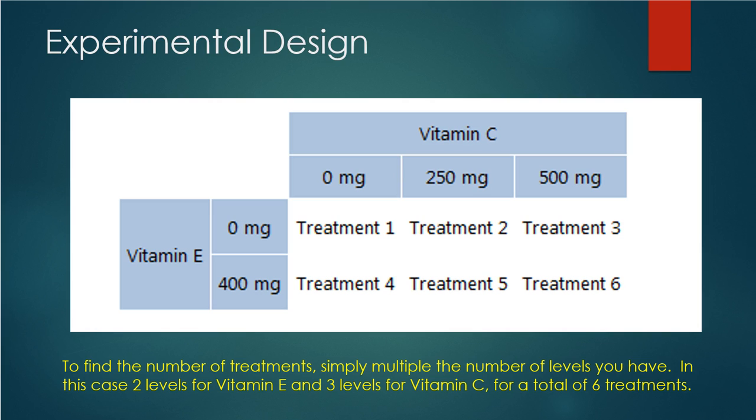That could be annual doctor bills, number of colds caught in a year, or the number of days in a hospital. There's something that they're trying to measure the effect of this vitamin C and vitamin E level on. How does that actually affect the person, right? Do they feel better? Do they sleep better? Do they have fewer fevers?